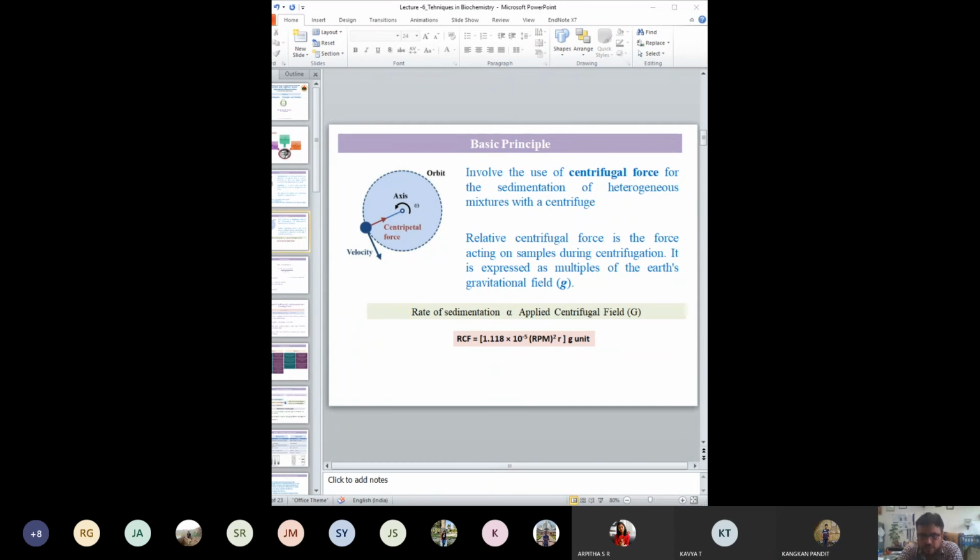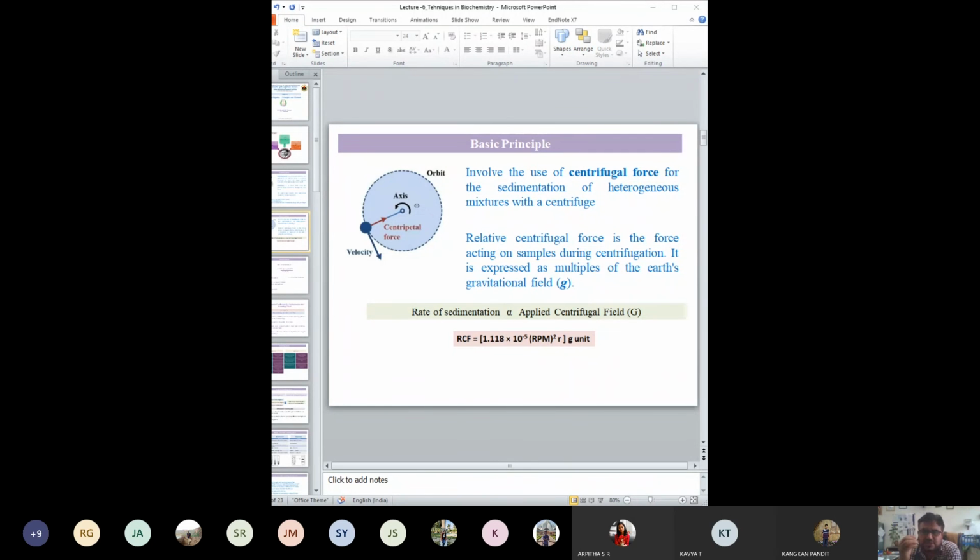Okay, so I was telling that we all know that when you spin something, it exerts two different types of forces. One is called the inward force, basically that is the centripetal force. You can visualize in the diagram that there are two arrows. One arrow is inward, towards the center. That is basically the force which is called centripetal force.